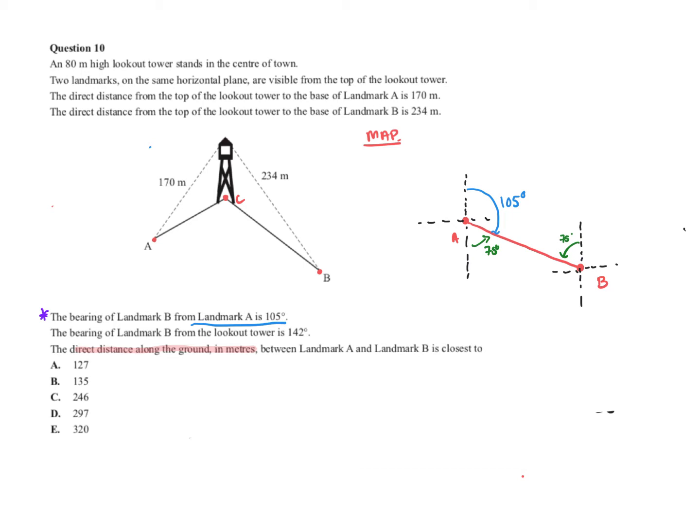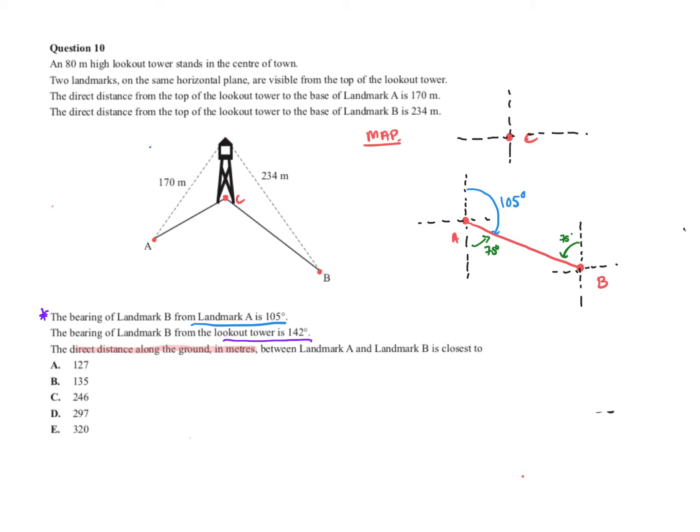All right, so let's have a look at the next piece of information, where it says the bearing of landmark B from the lookout tower is 142. We called the bottom of the lookout tower C. So maybe I'll put it up here, and I'll put a little compass for it.